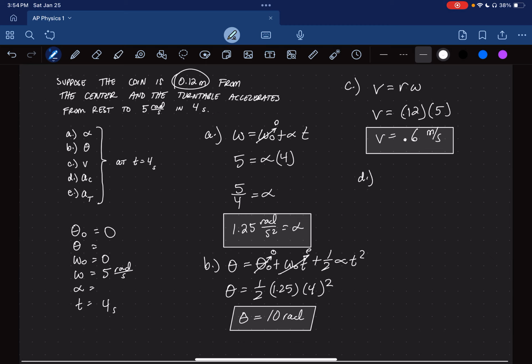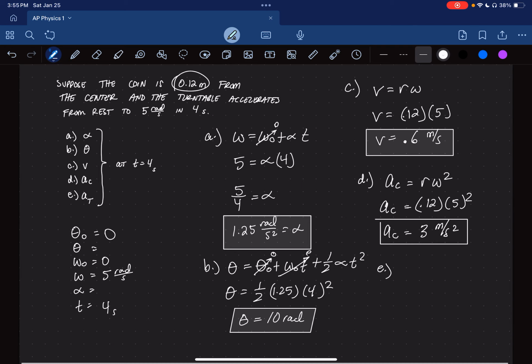And then D, centripetal acceleration. Let's use the new one. So this is 0.12 times 5 squared, which, of course, 0.6 times 5 is 3 meters per second squared is the centripetal acceleration. Yeah, good enough.